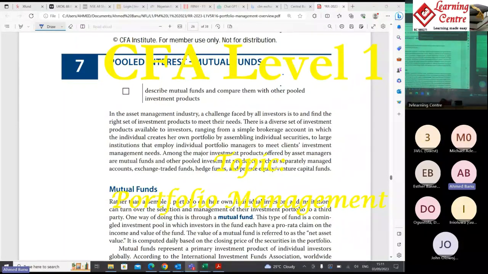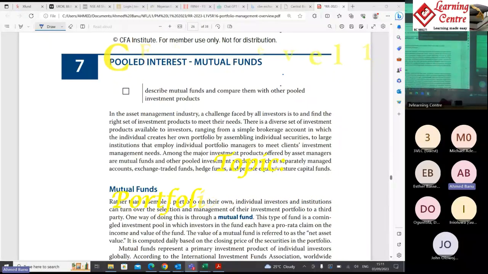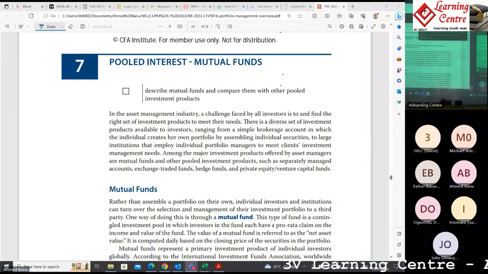However, in the institutional client spectrum, we've been able to see some commonalities that help us put these groups into a bucket. That's why we have the defined benefit pension, endowments, foundations, banks, insurance, life and non-life, and sovereign wealth funds.